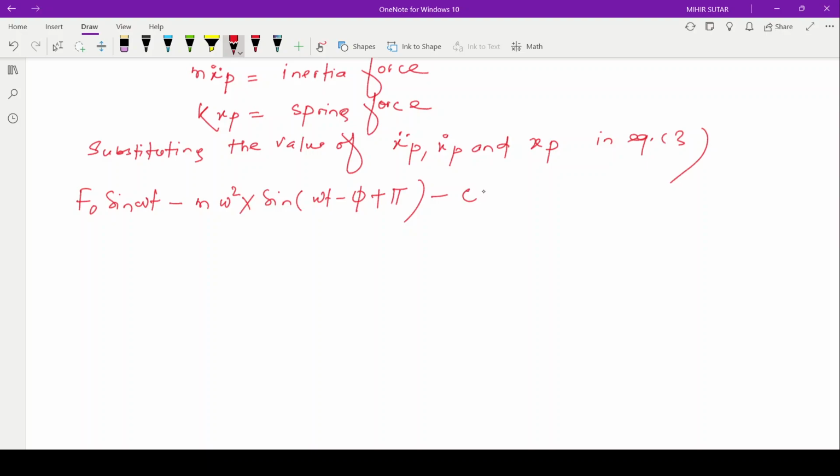The value is c omega x sin omega t minus phi plus pi by 2, minus k x p. The x p value is k x sin omega t minus phi, equal to 0. So this is equation 4.